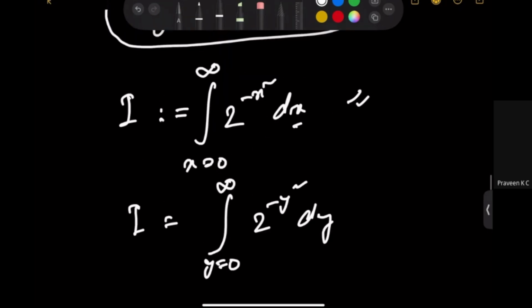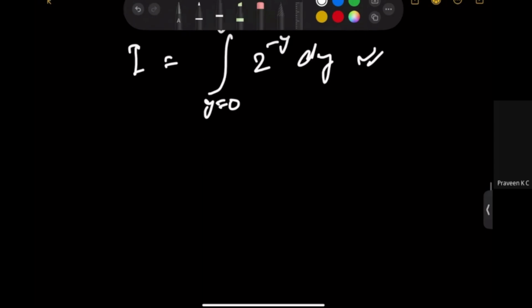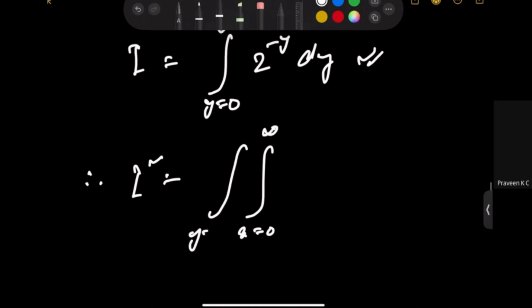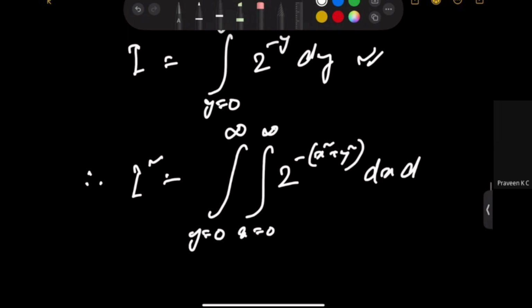So if you multiply this and this, what you get is I squared, which is nothing but the double integral, x going from 0 to infinity, y going from 0 to infinity, of 2 to the power minus (x squared plus y squared) dx dy.